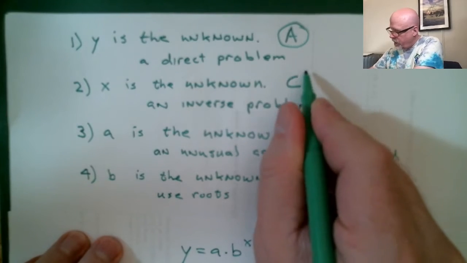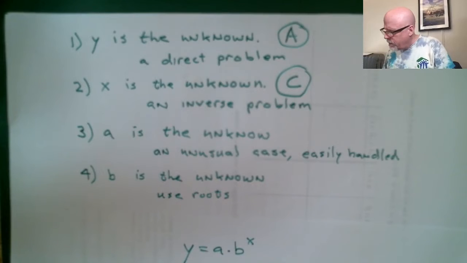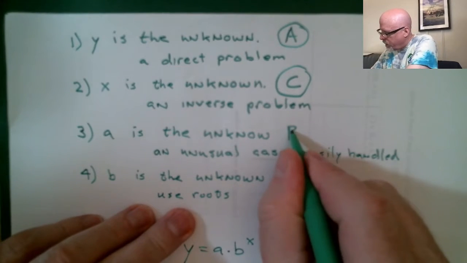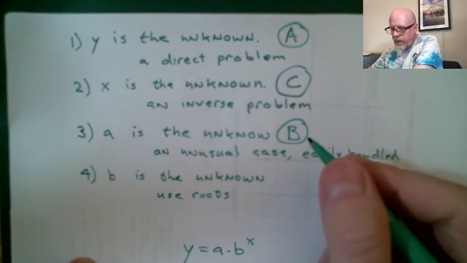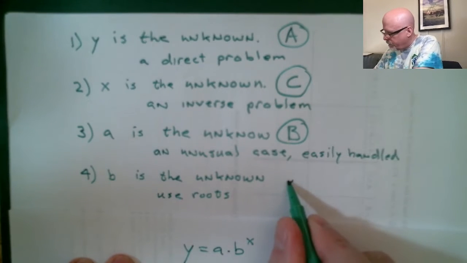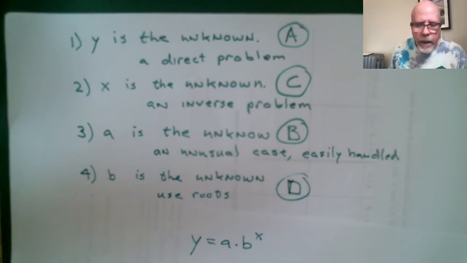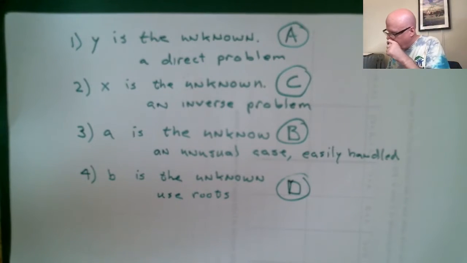That's their C. If A is the unknown, I hope I've got this right. That's their B. And then the last one where B is the unknown is their D. Yeah, that's correct.